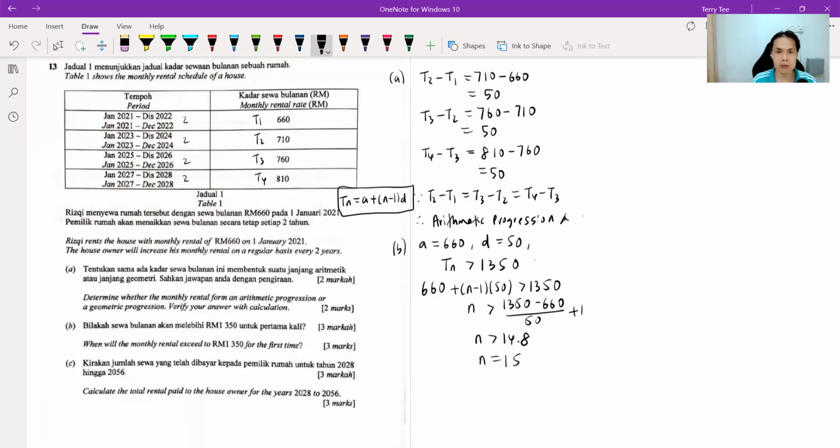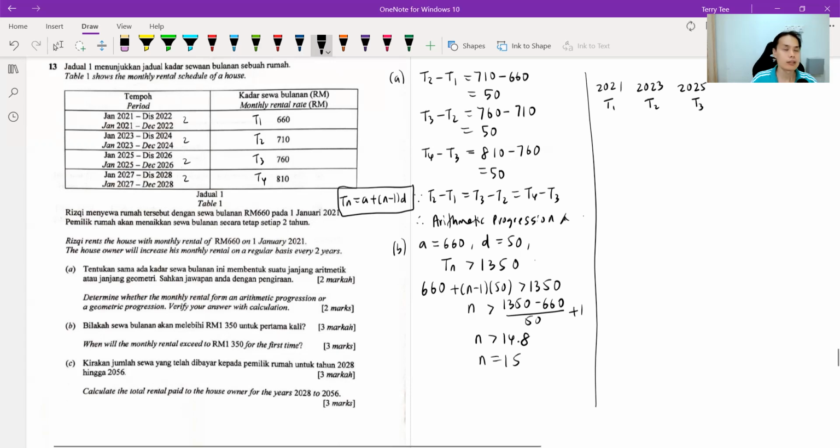Getting 15 is not a problem. The challenge is, which year is it? You need to find when it will exceed 1350. Here's the thing you need to know. The beginning of 2021 is T1, the beginning of 2023 is T2, the beginning of 2025 is T3. Every 2 years, you increase by 50. If I want T15, what year is that?